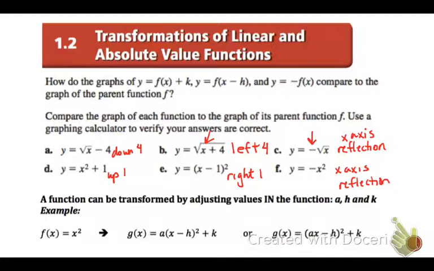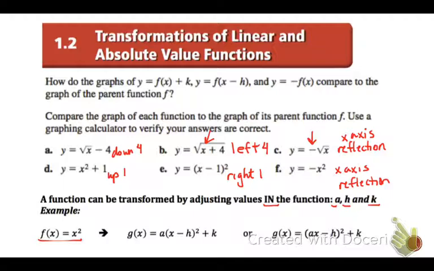A function can be transformed by adjusting values in the function. The letters or variables that we use to stand in for those constants, those numbers, are A, H, and K. So if you look at this function, this is the parent function of the quadratic, so f of x equals x squared.